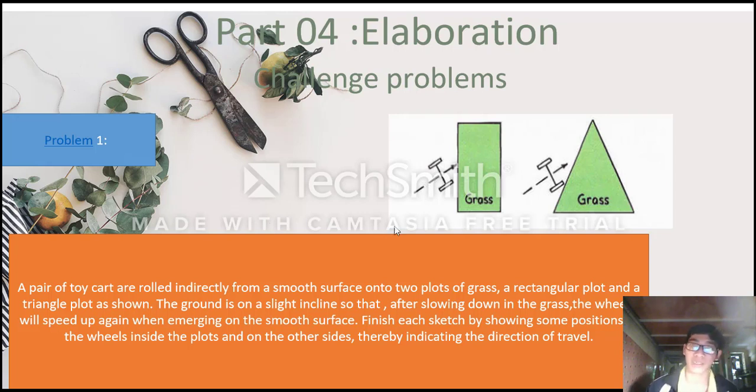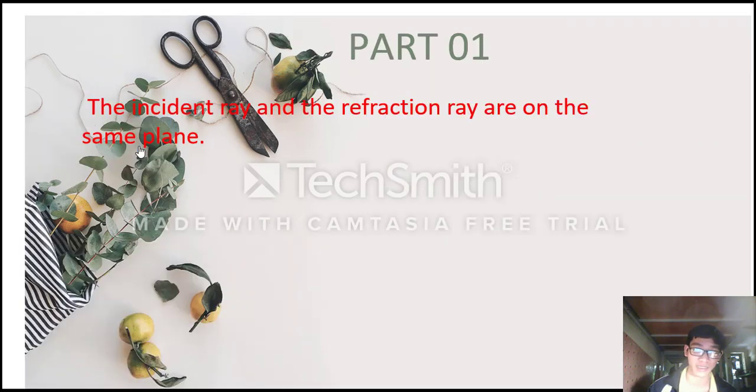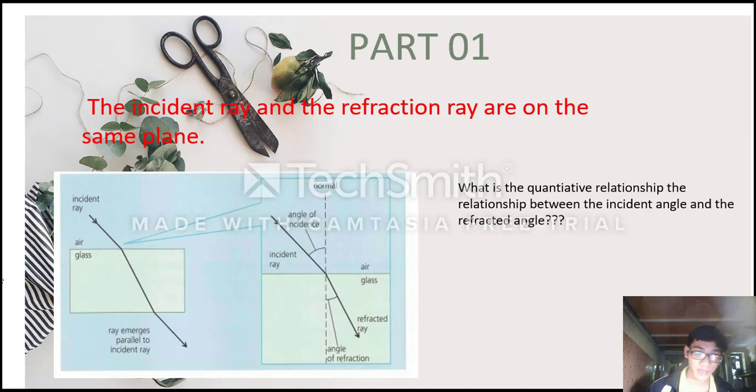If my student has difficulty solving this problem, I will give them some hints, such as the refractive index, or they can imagine this problem such as a smooth ground, then a grass, and after that the cart emerges from the grass.